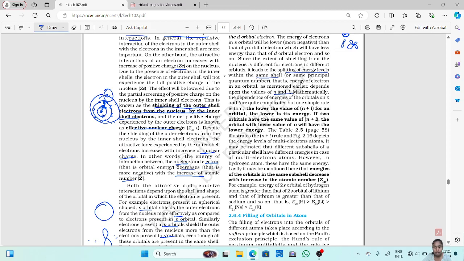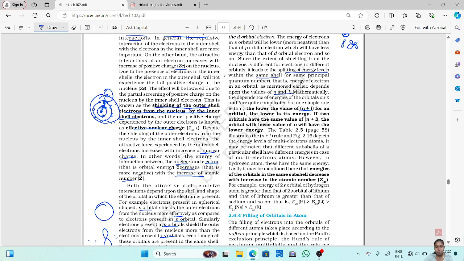The lower the value of n plus l for an orbital, the lower is its energy. Here n plus l is your principal quantum number plus azimuthal quantum number. So the lower the value of n plus l for an orbital, the lower is its energy.